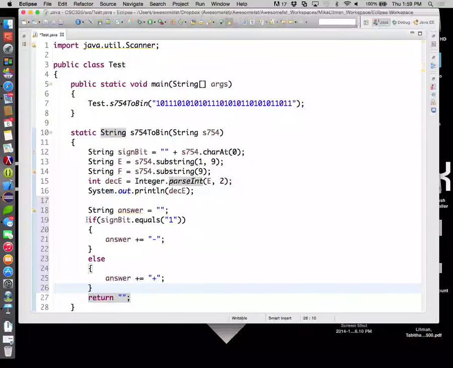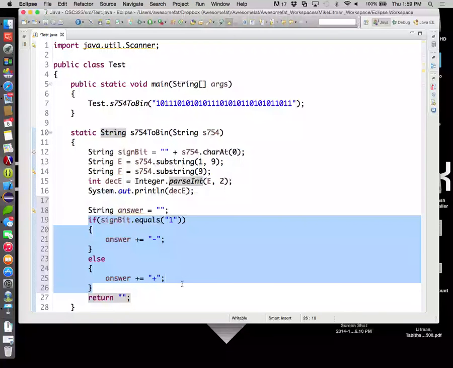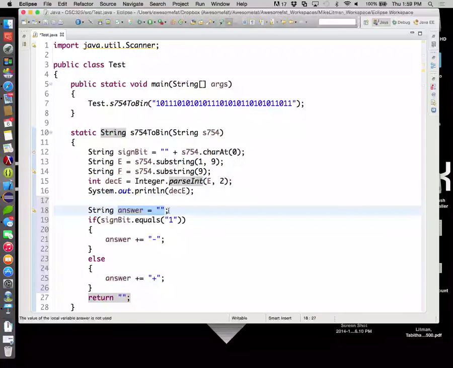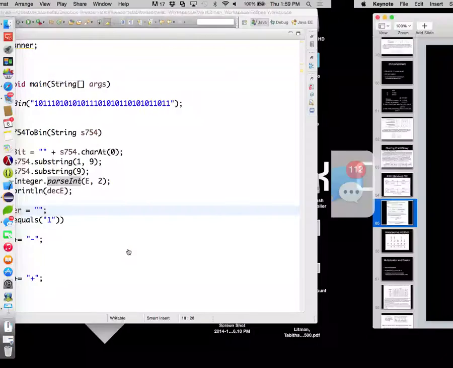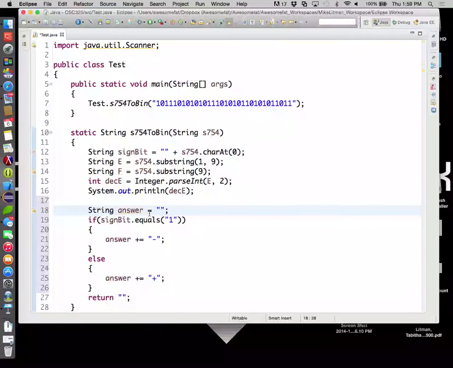All right, so depending on whether or not it's a 1, we will tack on to the very beginning of our answer, since it started off as the empty string, positive or negative. If I tack a minus onto that, we're going to have the string minus, and then we'll just tack the rest of it on after that.